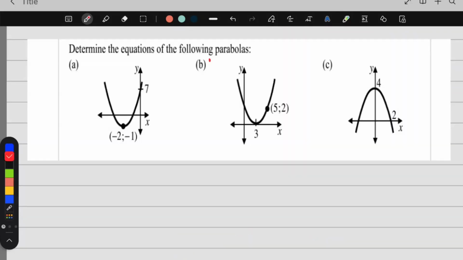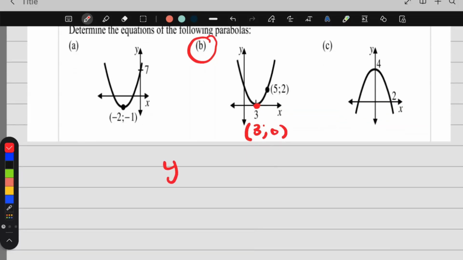Okay, let's look at number B now. So number B, the turning point that's given is this point over here. So this point is actually (3, 0). So again, the turning point is given. Step number 1, I write the standard form down for turning point. Okay, so now I'm going to do the P and the Q again. So remember, P and Q refers to the turning point.